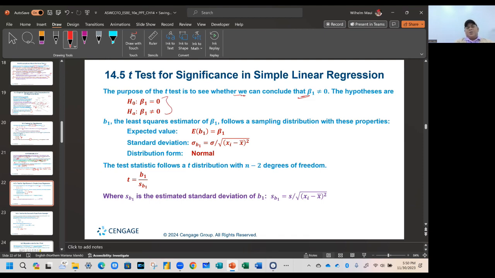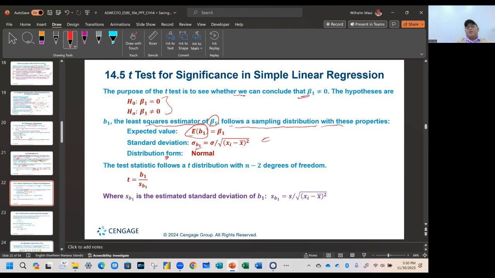And then your beta 1, the least squares estimator of the population beta 1, or your population parameter, follows the sampling distribution with these properties. The expected value of beta 1 is your population parameter for beta 1. And then your standard deviation, that's your formula for that.